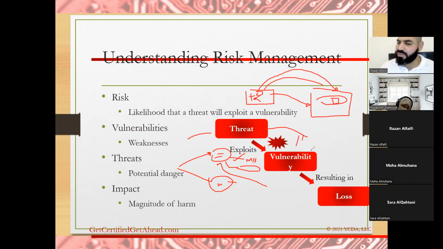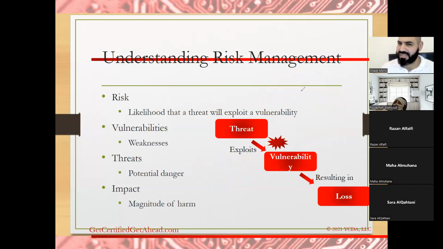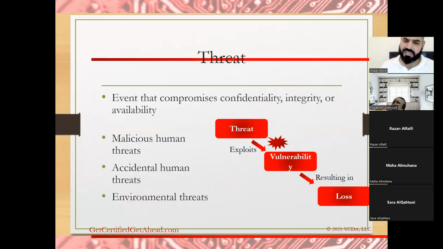And because my system is vulnerable, it has weaknesses or flaws, this allows the system to be compromised. Then you're going to lose money, or lose your reputation, or you can be out of business. This is risk. Why did I bring risk into this? Because today I'm talking about vulnerabilities, but you cannot talk about vulnerability without talking about the big picture, which is risk.